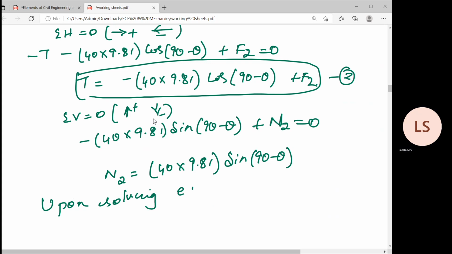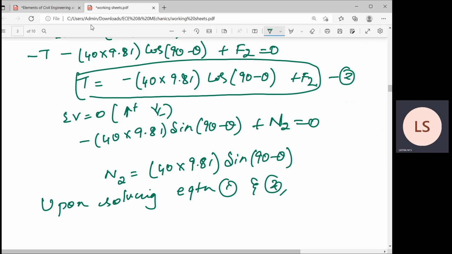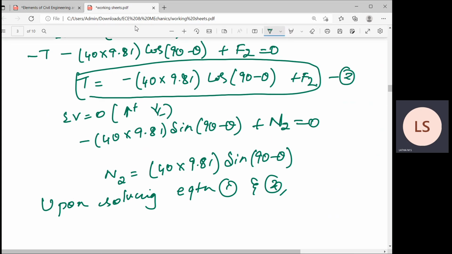So upon solving equations 1 and 2, we get the value of T. Equating both the equations, we get theta is equal to 14.4 degrees, because T on the LHS is the same in both, right?